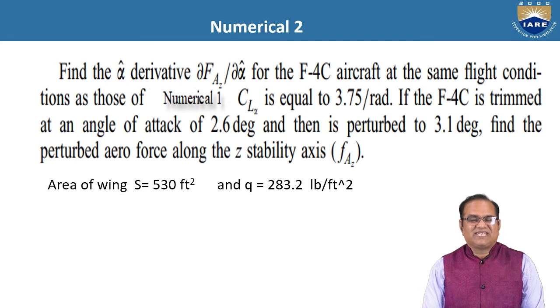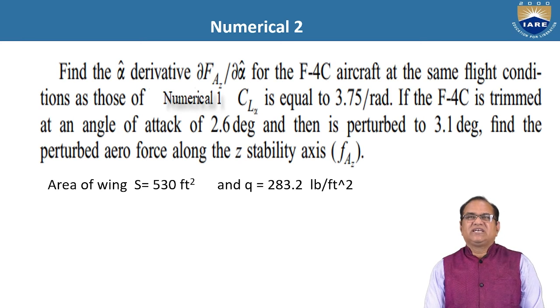I want to go for the second numerical, and it is also very interesting. We will see how this another problem can be solved. In the previous one we did the u derivatives, but now we will go for the alpha derivative. All these equations we have derived in module 3 or module 4.